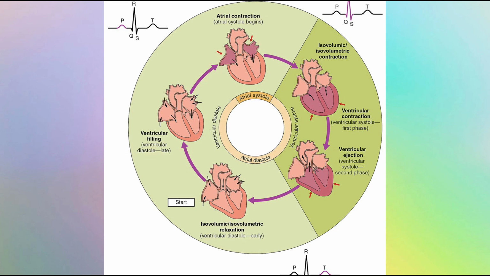The oxygenated blood entering the aorta is carried by a network of arteries, arterioles and capillaries to the tissues. From there the deoxygenated blood is collected by a system of veins and the vena cava and emptied into the right atrium. So this is the systemic circulation.